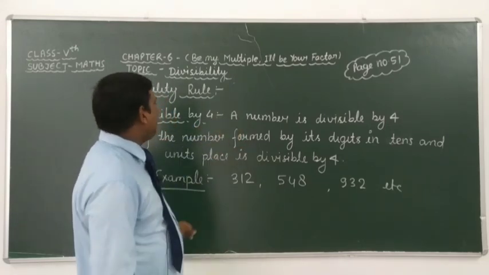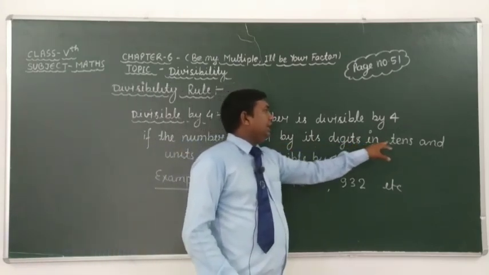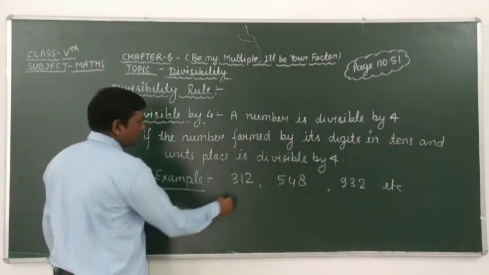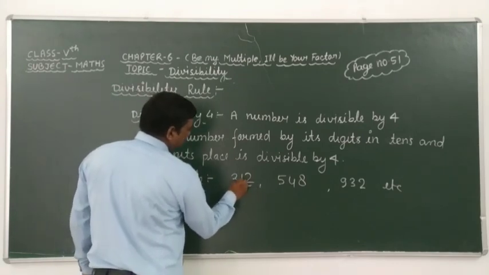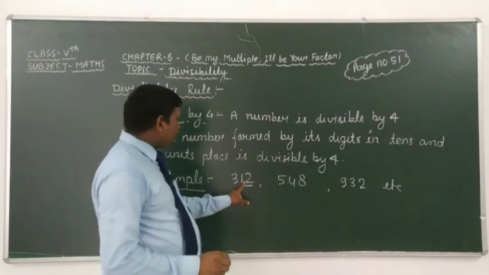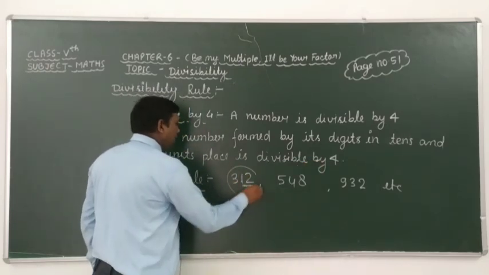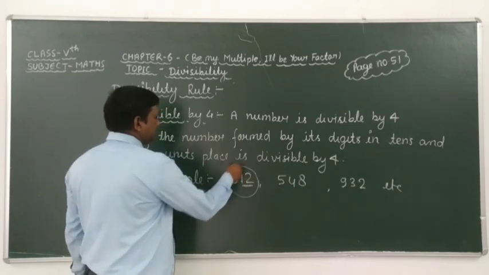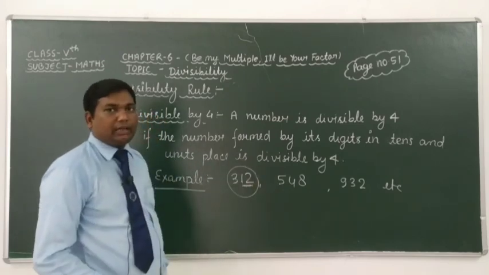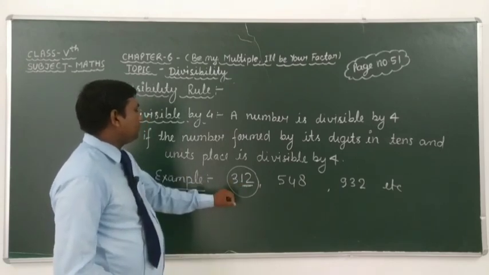A number is divisible by 4 if the number formed by its digits in tens and unit place is divisible by 4. In tens and unit place is 12. If this 12 is divisible by 4, then we can say that this number is also divisible by 4.